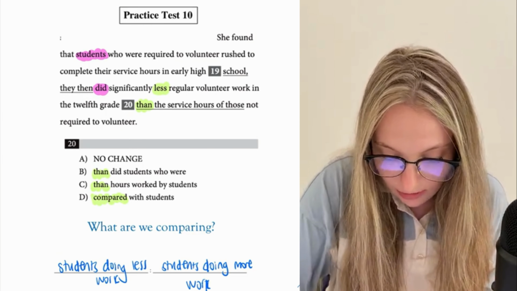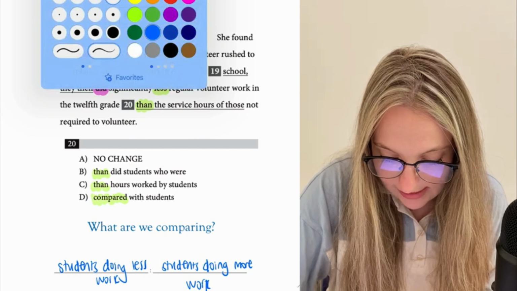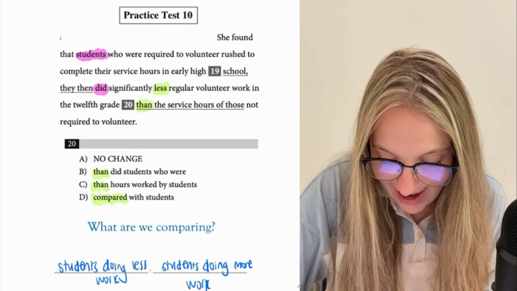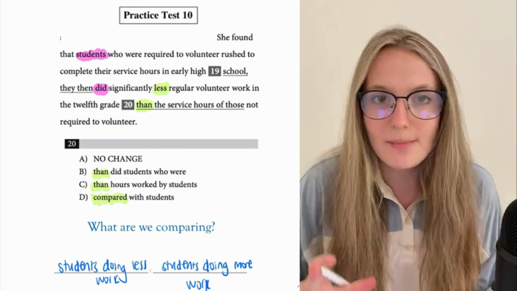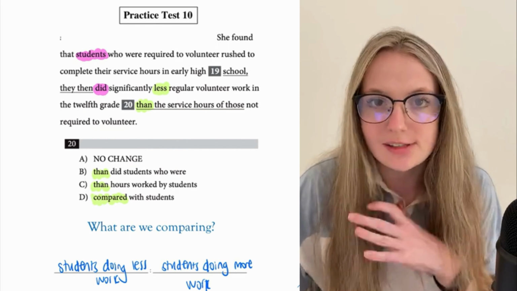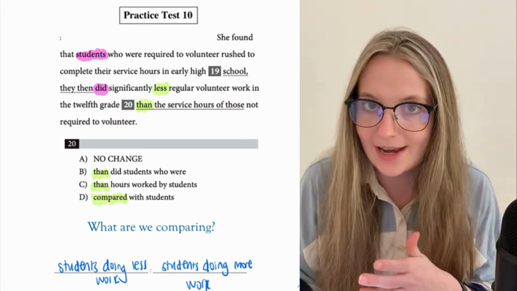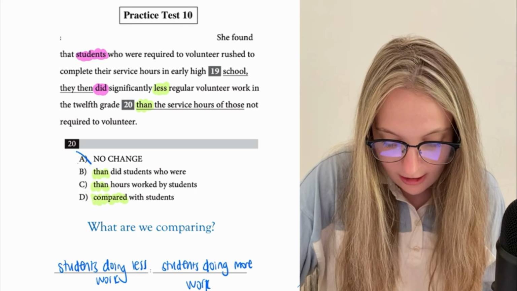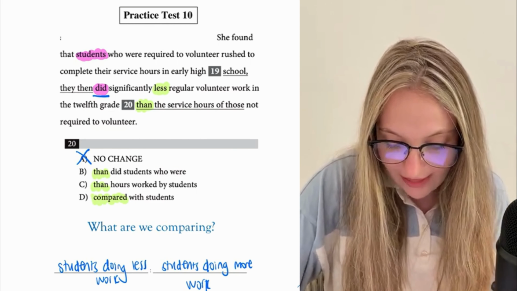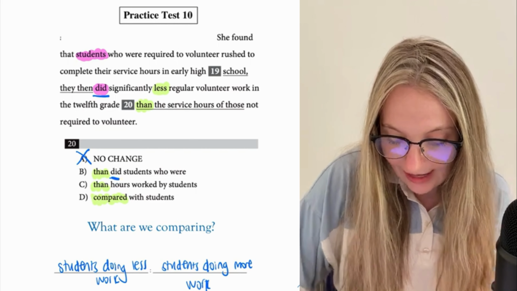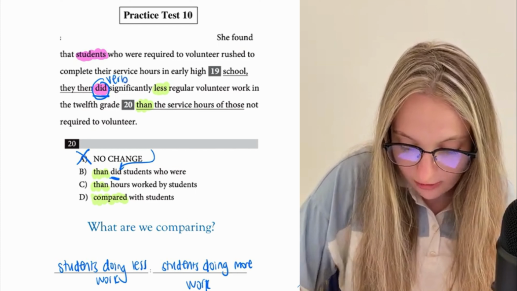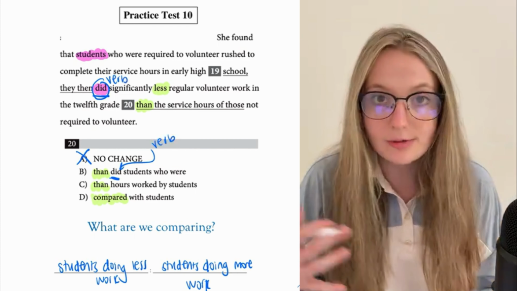Alrighty, so let's start with choice A. Choice A is saying that the students did less work than the service hours. You can't compare the students doing an action to the actual service hours themselves because that's comparing a verb to a noun, so that's not going to work. Choice B, we could see the students did less work than did the students. So again, here we're comparing the verb right up here to the verb in the actual prompt, so that makes sense.